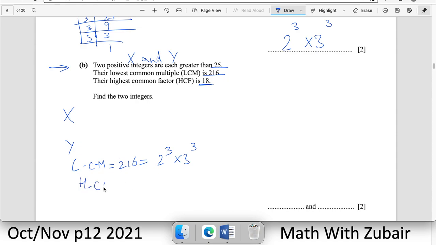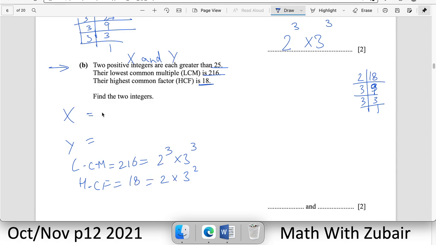The second thing is the HCF, which is 18. So 2 nines are 18, 3 threes are 9, 3 times 3 is 1. So 18 is 2 times 3 square. If we compare the LCM and HCF, we see that there is 1 two.